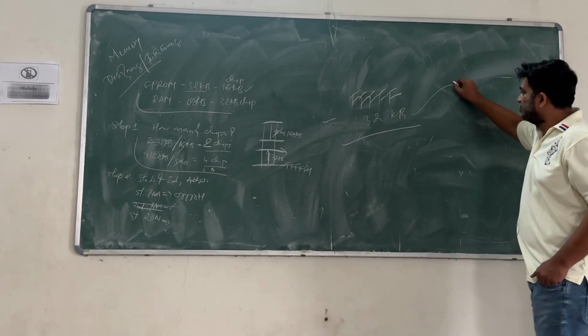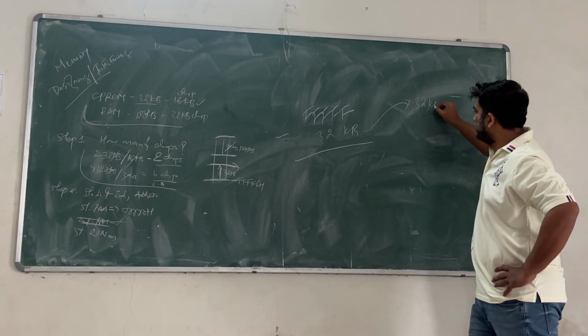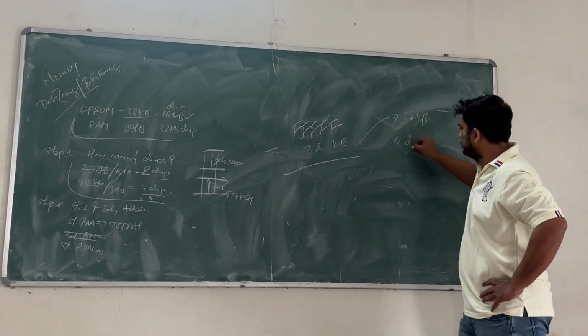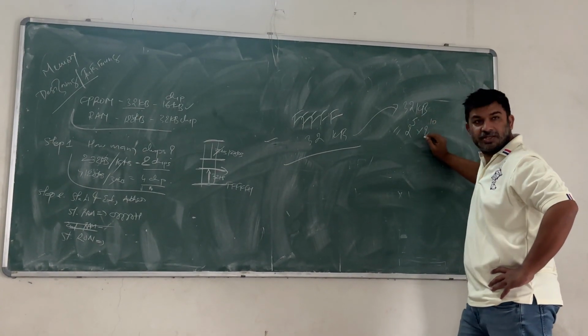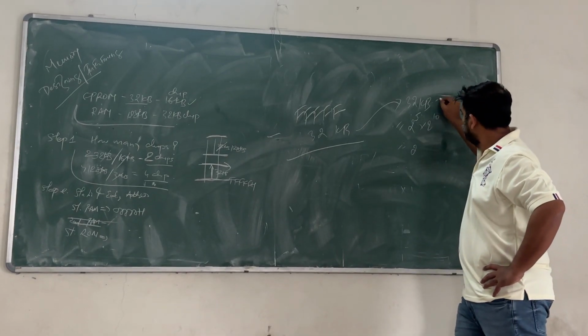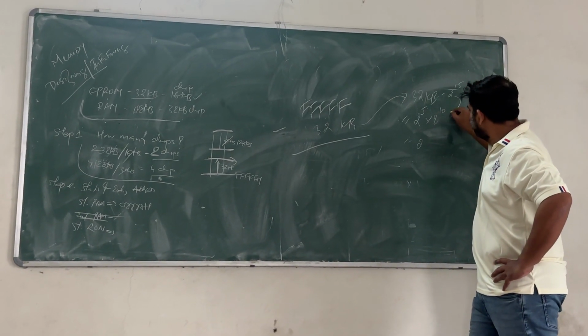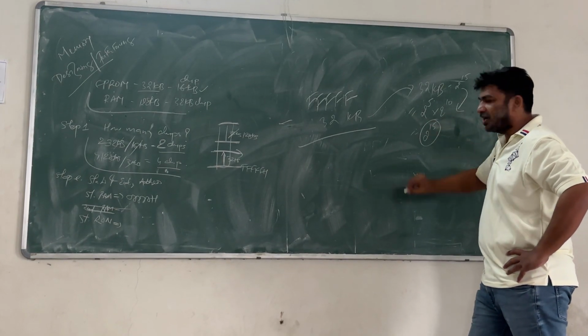How do we find that number? Concentrate. 32 KB is 2 raised to 5 into 2 raised to 10, which is 2 raised to 15. So 2 raised to 15 is my answer.